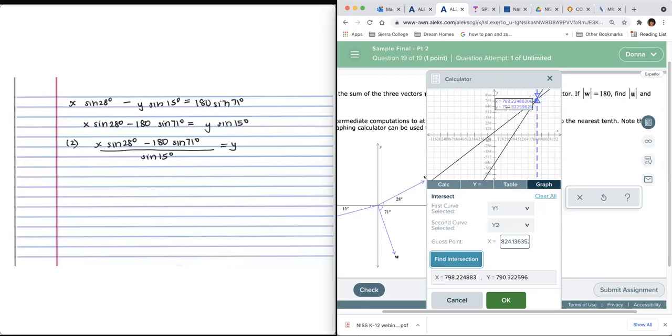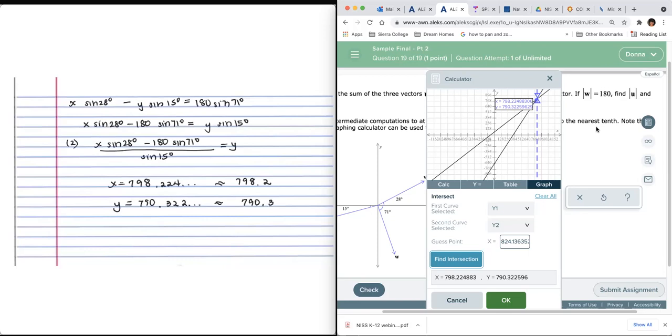So X is 798.224, and Y is 790.322. They say to round to the nearest tenth, so we get 798.2 and 790.3.